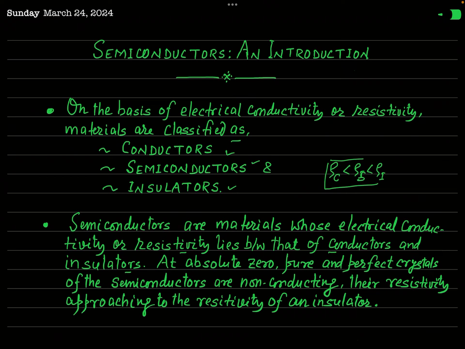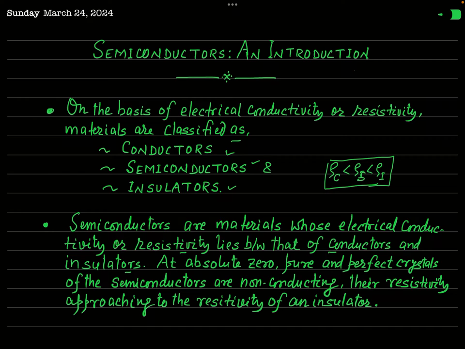So if a material has electrical resistivity or electrical conductivity lying between the electrical conductivity and electrical resistivity of conductor and insulator, then those materials will be called semiconductors.